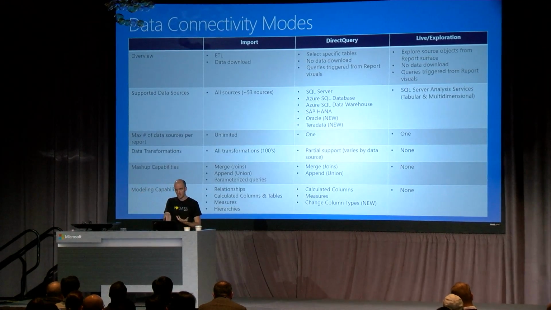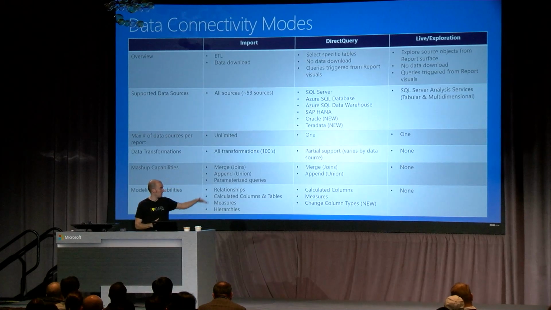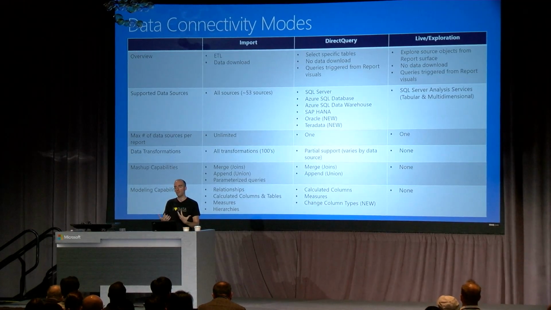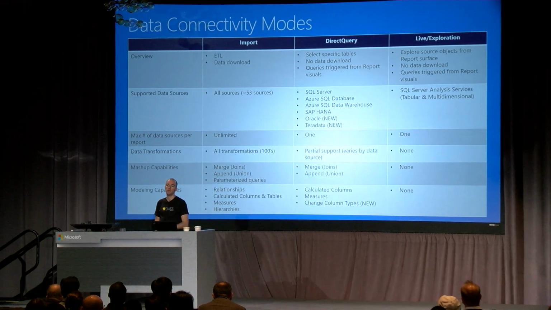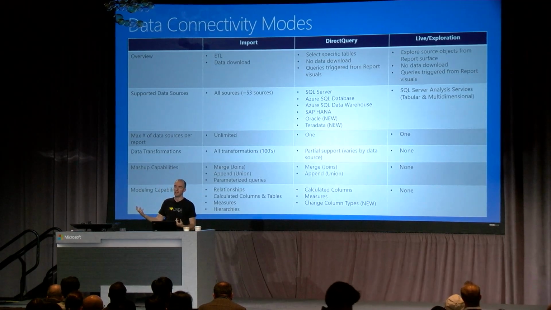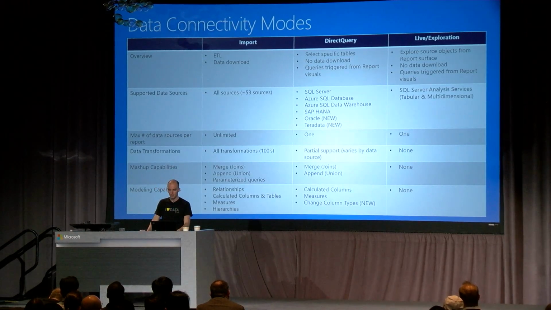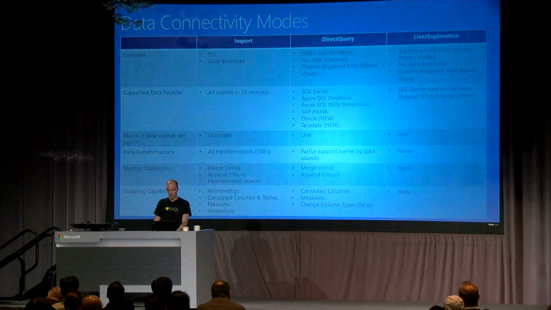That translates through the rest of these columns at the bottom, where you can see that you can only connect to a single model at a time, and there is no real way for you to transform or modify the model itself. So it basically assumes that everything you need to create that report already exists in that Analysis Services model. Call it a measure, call it a hierarchy, it all needs to exist in that underlying data model. With that, let's go into the demo.